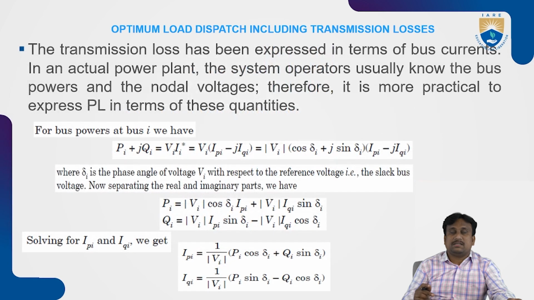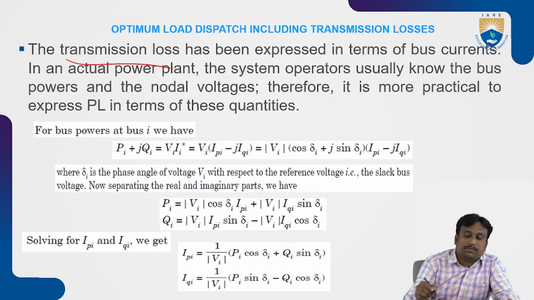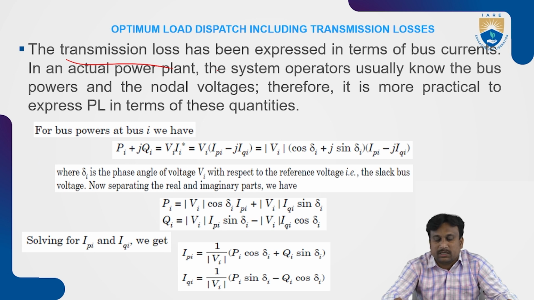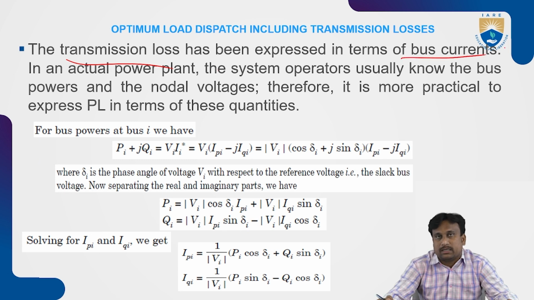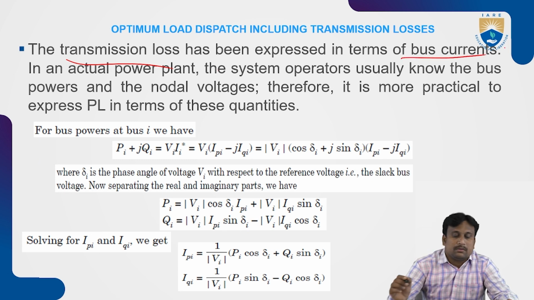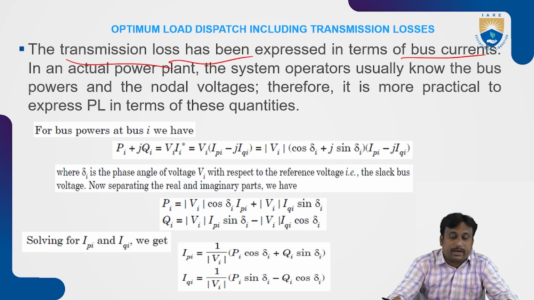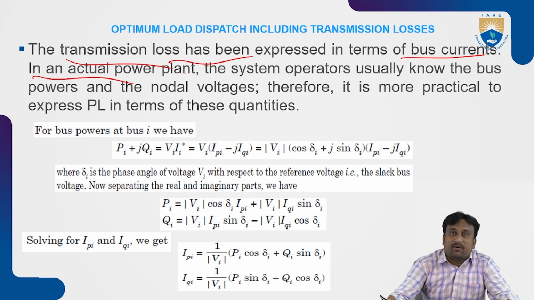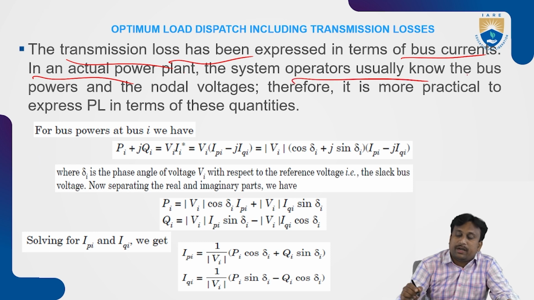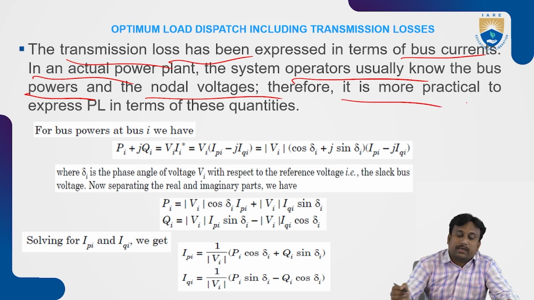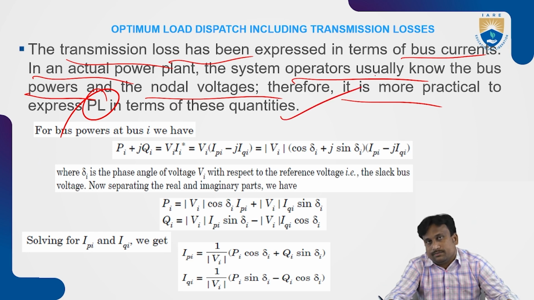After this consideration, the transmission loss has been expressed in terms of its bus currents. But in an actual power plant, the system operators usually know the bus powers and the nodal voltages. So it is more practical to express this PL coefficient in terms of these quantities.